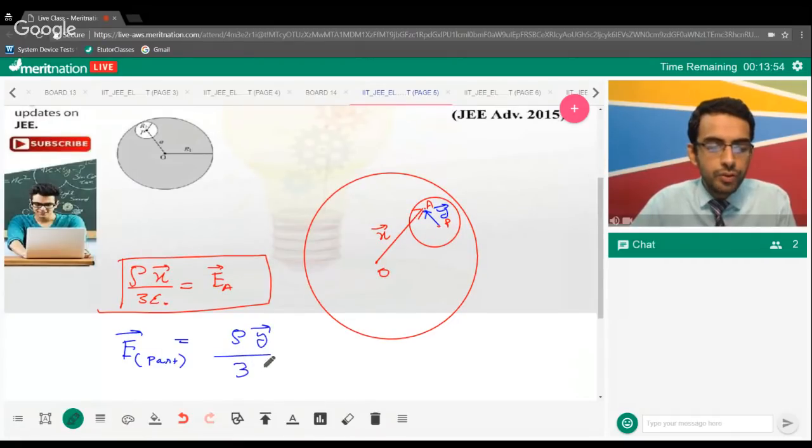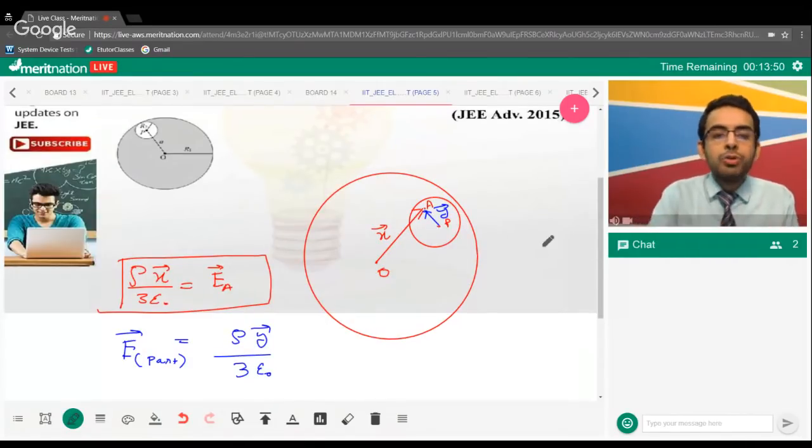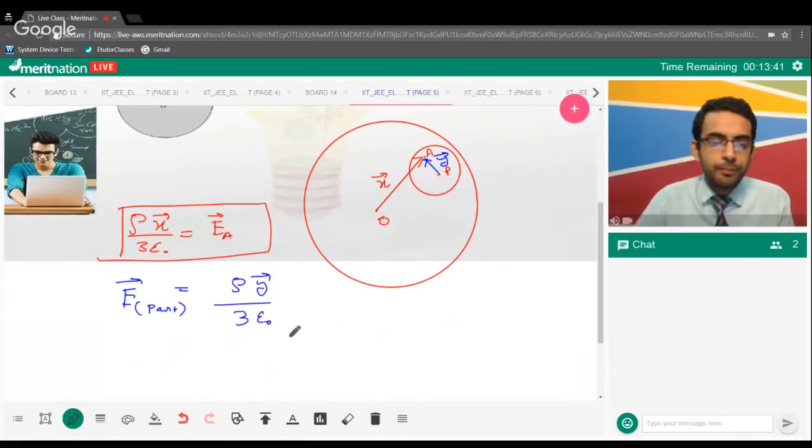When this part is removed, how can you find the net electric field? Just by subtracting them.